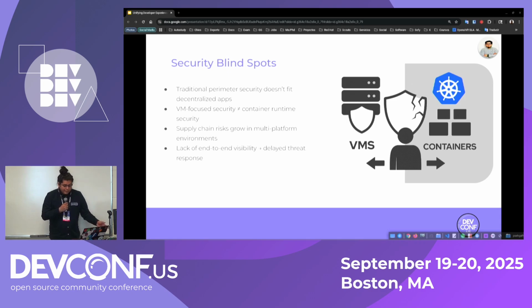On top of that, the software supply chain is growing more complex across multi-platform environments, increasing the risk of vulnerable images or unverified dependencies into production, without end-to-end visibility across both VMs and containers.